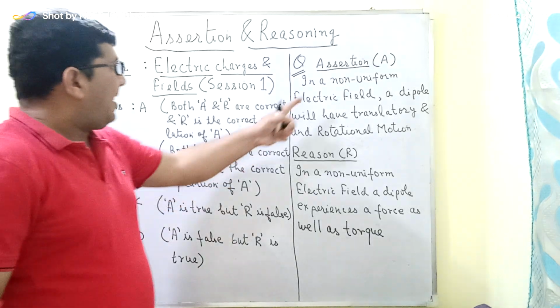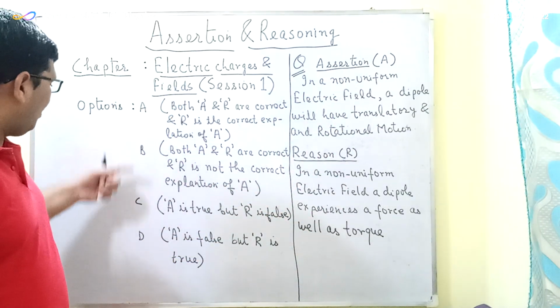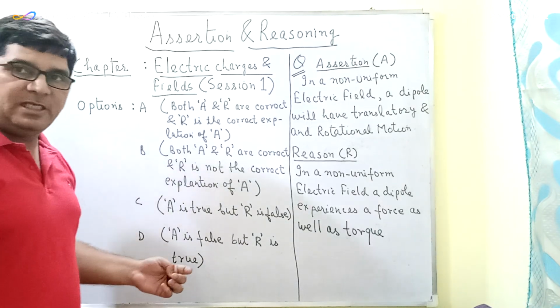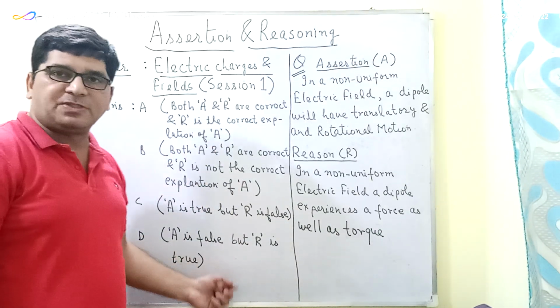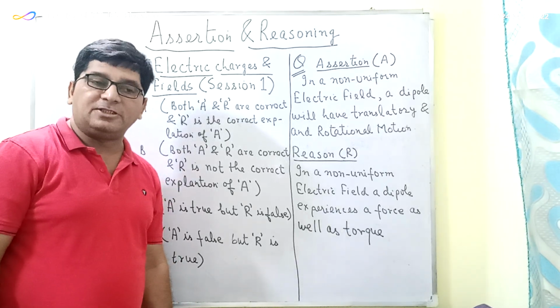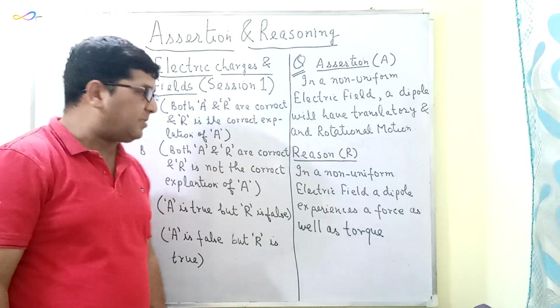Based on this assertion and reasoning, there are 4 options given in this question. Normally these are the 4 types of options available in the question paper, and these types of questions are basically asked in the board examination.